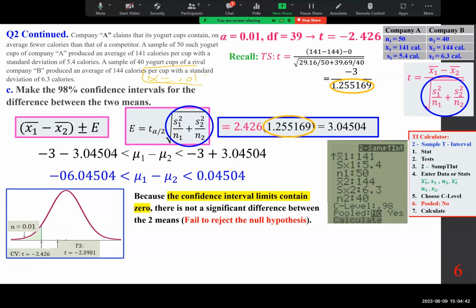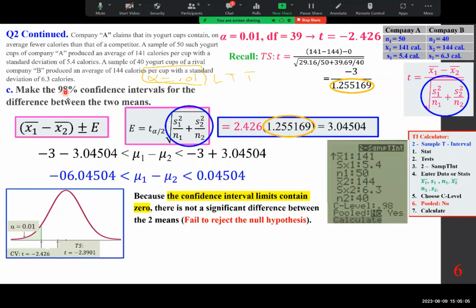And this was for a left tail test, or in case it's just a one tail test. If you were to translate it into a 2 tail test, that makes it 0.02. That's why 0.01 alpha for a 1 tail test, whether it's left tail or right tail, makes no difference, is the same as a 98% confidence interval.